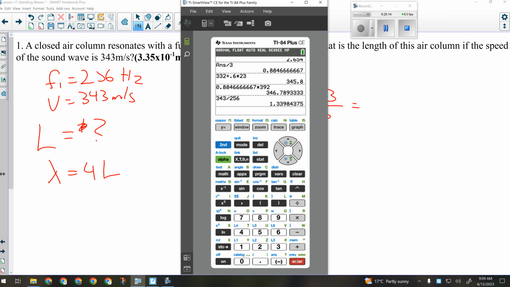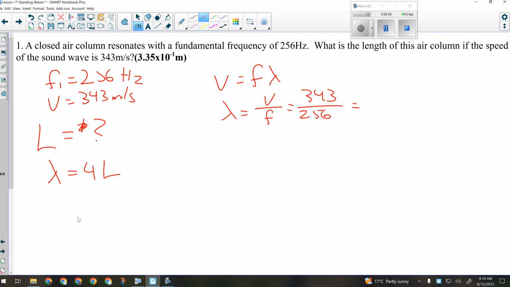In this case, the wavelength is 1.339 meters. Now that I know the wavelength, can I calculate the length of the column? Yes. So now I go to this formula. Since I want the length, what do we do with the 4? Divide both sides by 4.